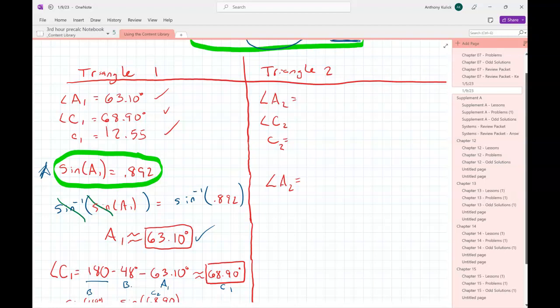For the first triangle, I had to do 2 law of sines, one to get angle A and one to get side C. In the second triangle, I only need the law of sines to get side C. The relationship between angle A in the first triangle and angle A in the second triangle is that they're supplementary. So 180 minus 63.1 gives me 126.9.